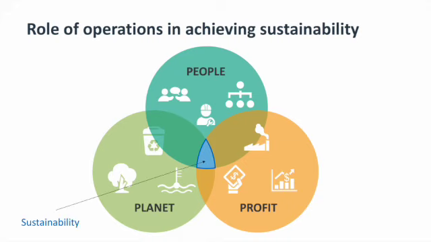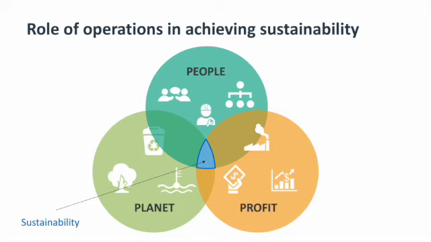Very often it's referred to as the planet, people, profit approach, the three P's approach, where we are definitely focusing on the planet, what's best for the planet. We're trying to be ecologically sustainable. Then we're also having a look at the people, our workers, whether they're safe, whether they have a pleasant environment to work in.